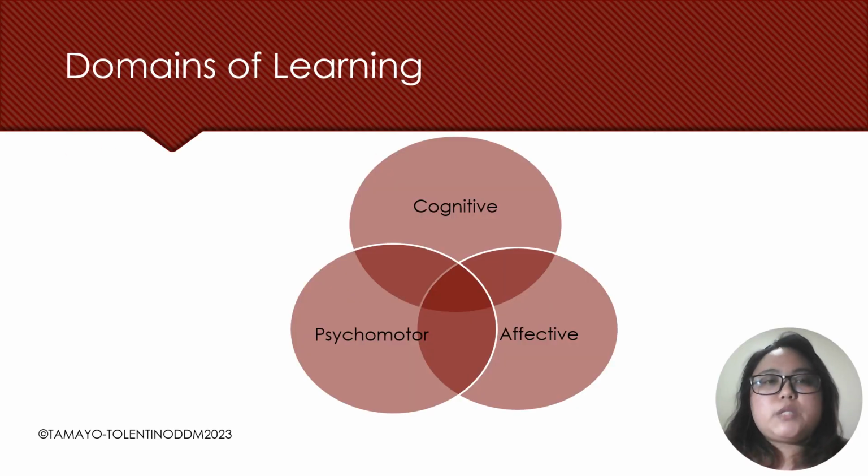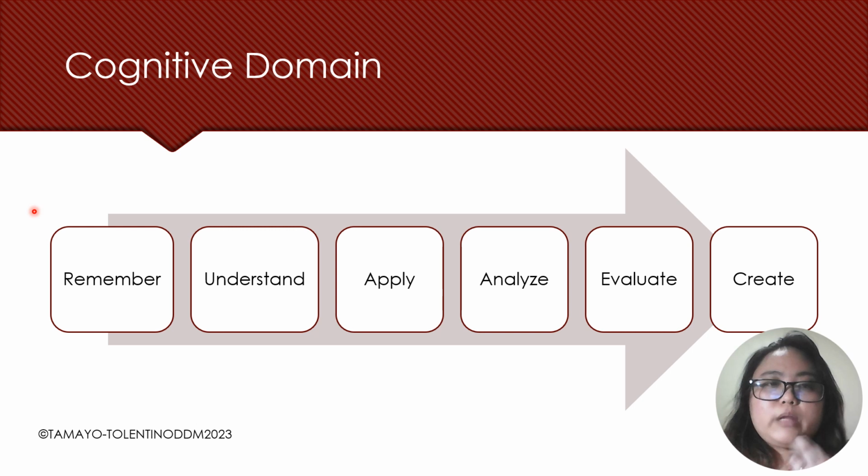Now, outcomes can be formulated according to the domains of learning that they target. We have three domains of learning: the cognitive, the psychomotor, and affective domains. For the cognitive domain of learning, this is Bloom's taxonomy that reflects the six cognitive processes, or how a learner thinks.